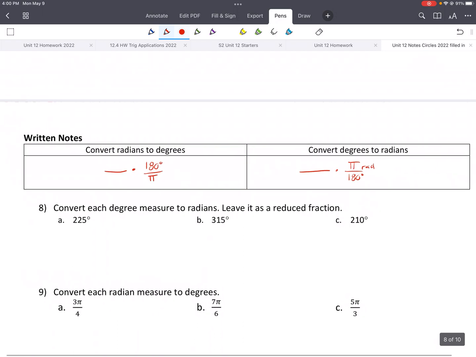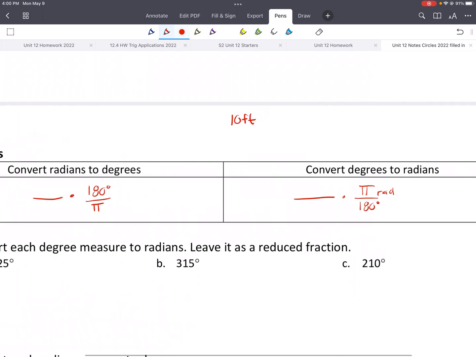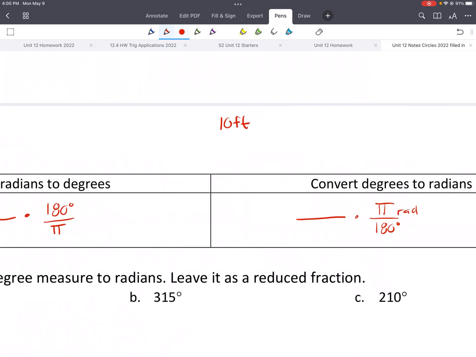So let's go back to something that you are familiar with. If you had something like 10 feet, how would we switch that into inches? Okay. How do we convert it into inches? The way we can do that is, well, we know that 12 inches is in 1 foot. So 12 inches is the exact same as 1 foot.